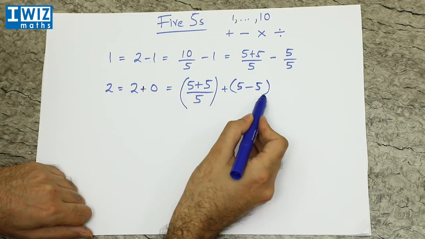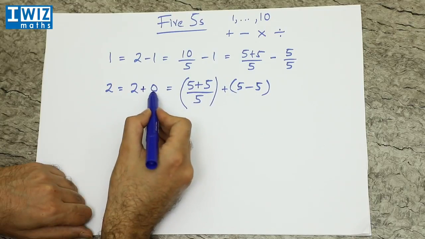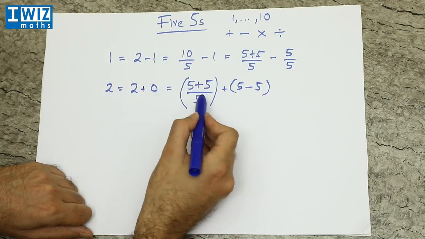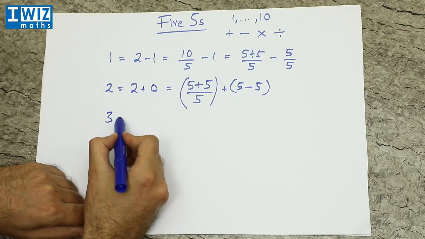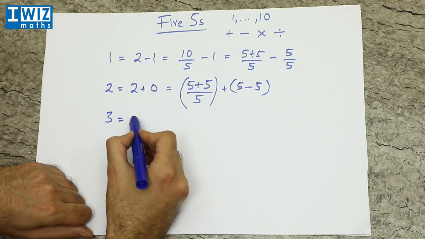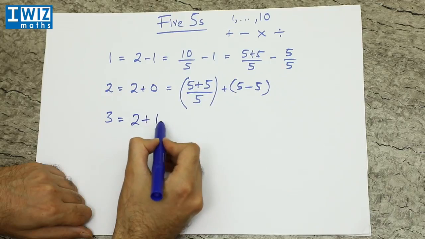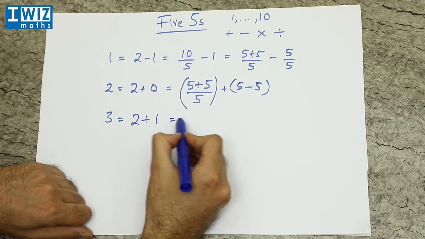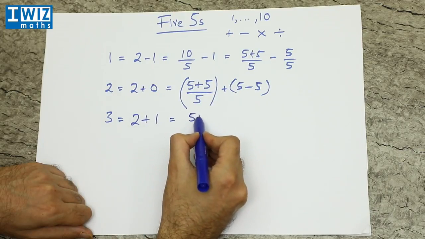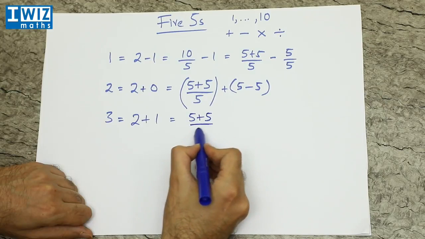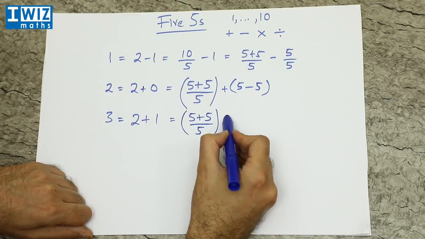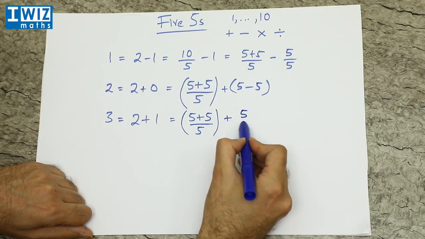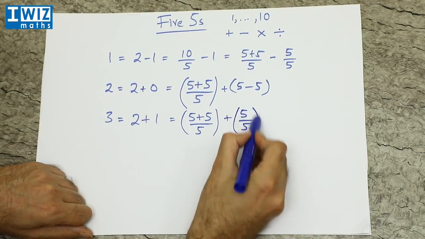Of course, it doesn't make a difference. So that's 2 plus 0 is 2. If you want to get to 3, 3 is 2 plus 1. So that would be 5 plus 5 divided by 5. So that's 2 plus 1, which is just 5 divided by 5.